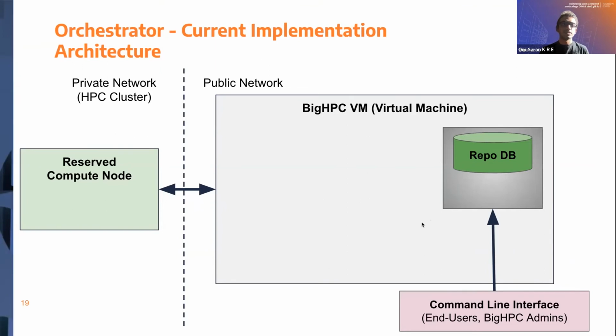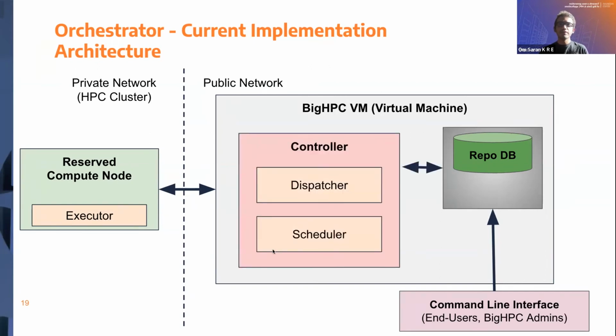Within this infrastructure, we have some services which are required by the BigHPC Orchestrator. In the compute nodes, we have something known as the executor service, and its primary responsibility is to communicate with services running in the BigHPC VM, and also to execute the user workloads that the user has submitted on that particular compute node.